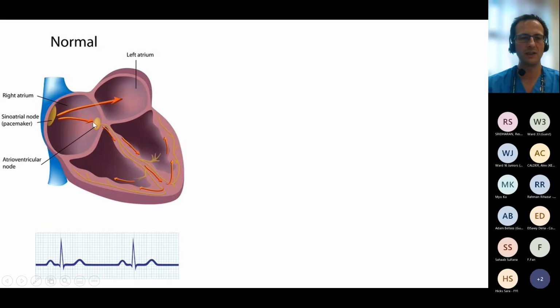It can only go through the AV node, which holds things up to allow time for the atria to contract and fill the ventricles. And then once it's allowed about 200 milliseconds, maybe slightly less than that, maybe 120 to 200 milliseconds, it will conduct through to the ventricle and the ventricles will contract. And so that gives us our nice normal sinus beat.